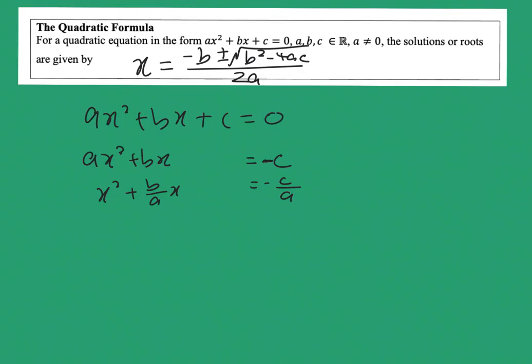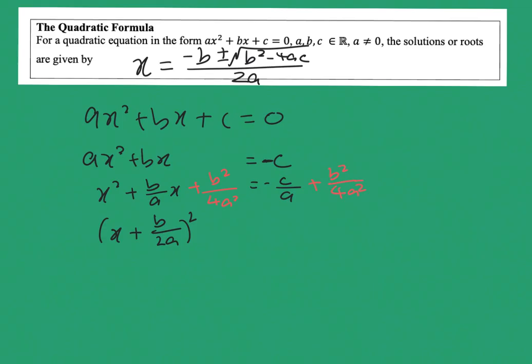And now, when I make it a perfect square, this becomes plus b, divide the coefficient of x by 2, squared. And remember, when I expand the perfect square on the left-hand side, I'm going to end up with the extra term of b squared over 4a squared. So I need to add b squared over 4a squared to both sides.